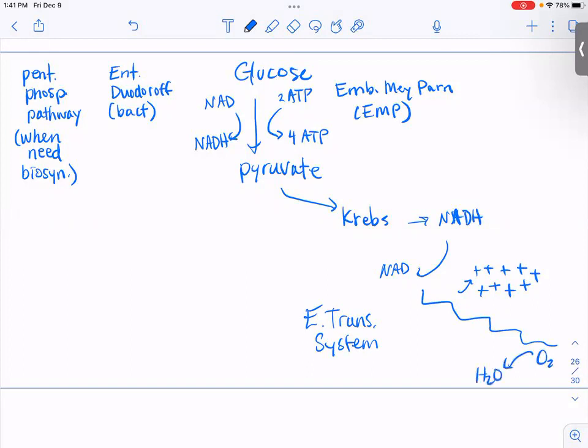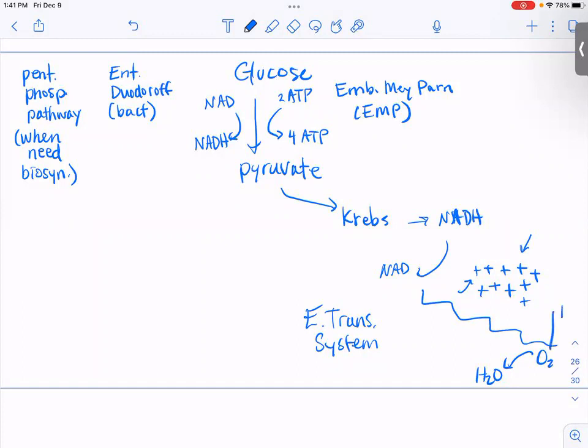In aerobic respiration, that's going to be oxygen. But remember, lots of bacteria can use other things instead of oxygen as final electron acceptor, things like nitrate or sulfate, for example, some inorganic ion usually. We call this a proton motive force, all those protons building up outside of the cell.